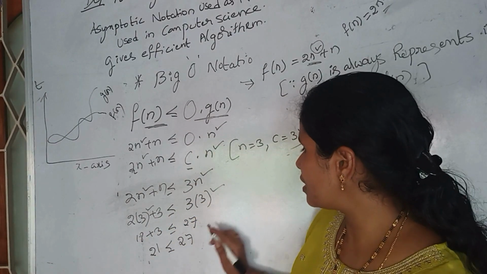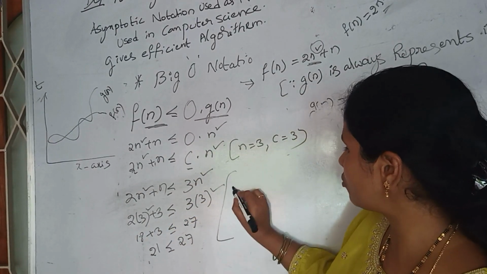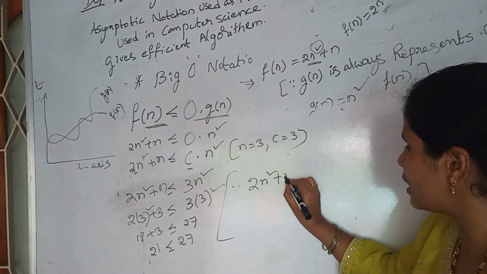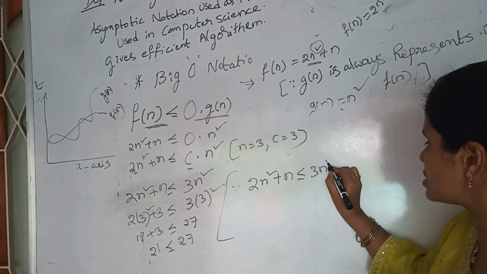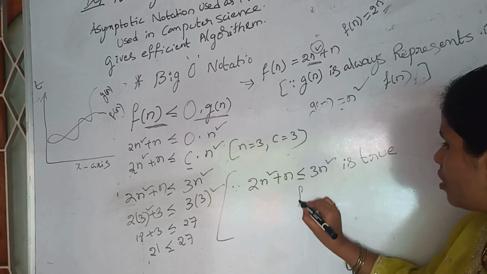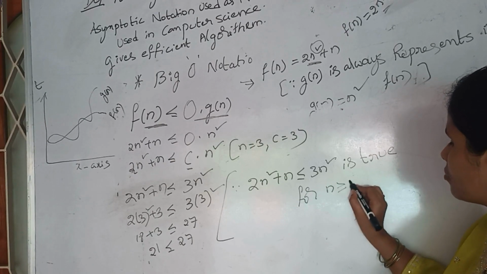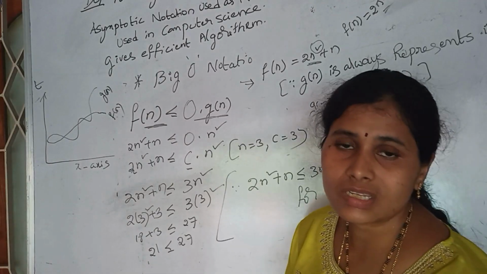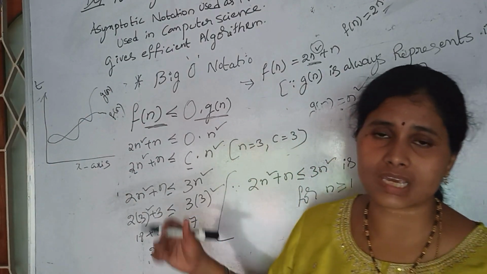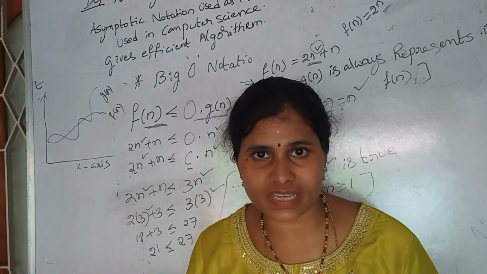Finally, we write one conclusion statement: 2n square plus n is less than or equal to 3n square, which is true for all n greater than or equal to 1. So this is big O notation, used for worst case time complexity.